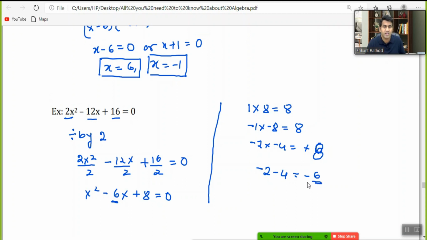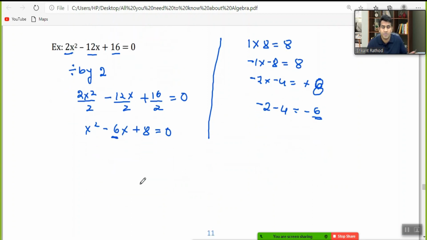Yes, we got that. And I can split the middle term of this expression, the minus 6, into minus 2 and minus 4. So next we can write it as x square minus 2x minus 4x plus 8 equal to 0.